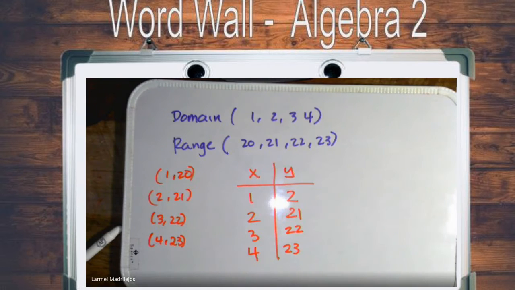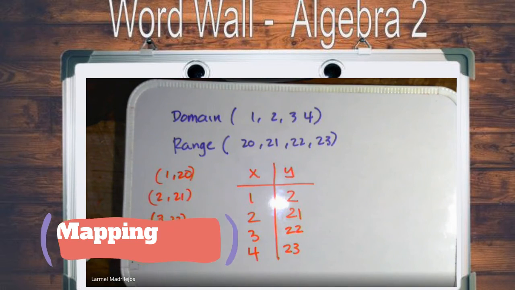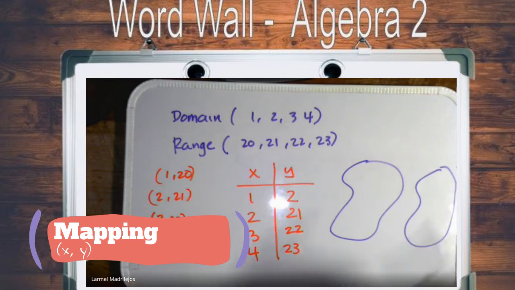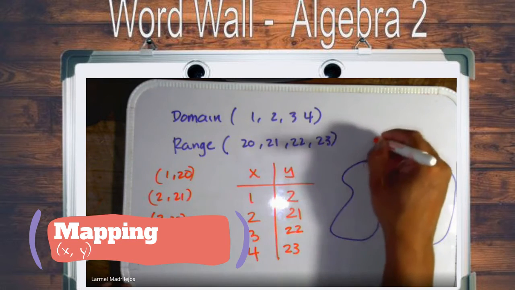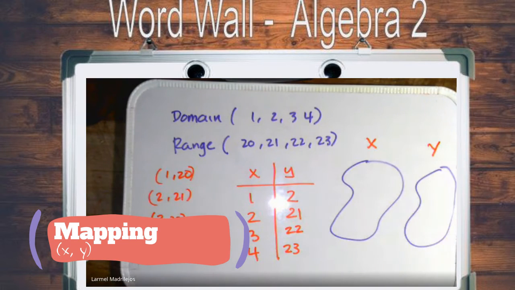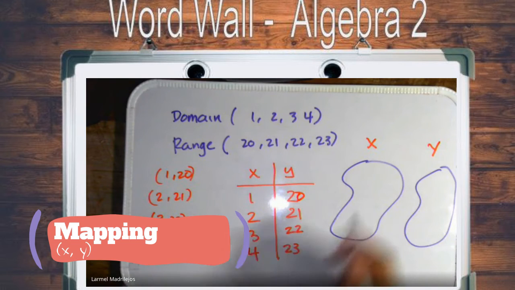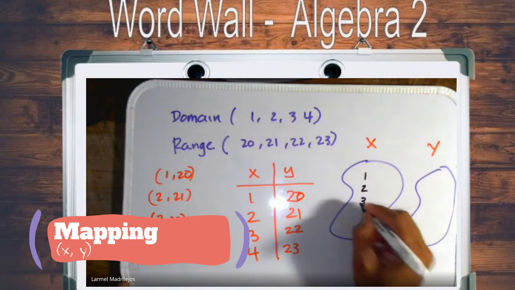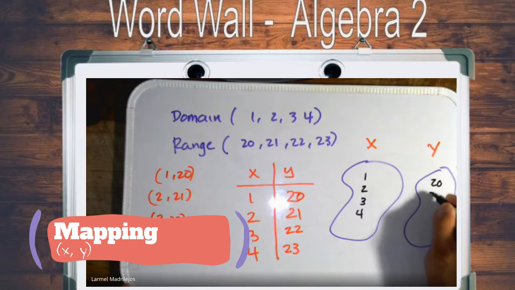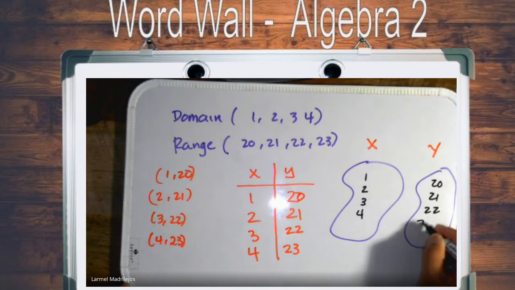Okay. The other way they can write this is through mapping. You remember I mentioned earlier that this is the domain or input, range or output. So I can write this one: 1, 2, 3, and 4, while this side is 20, 21, 22, 23.